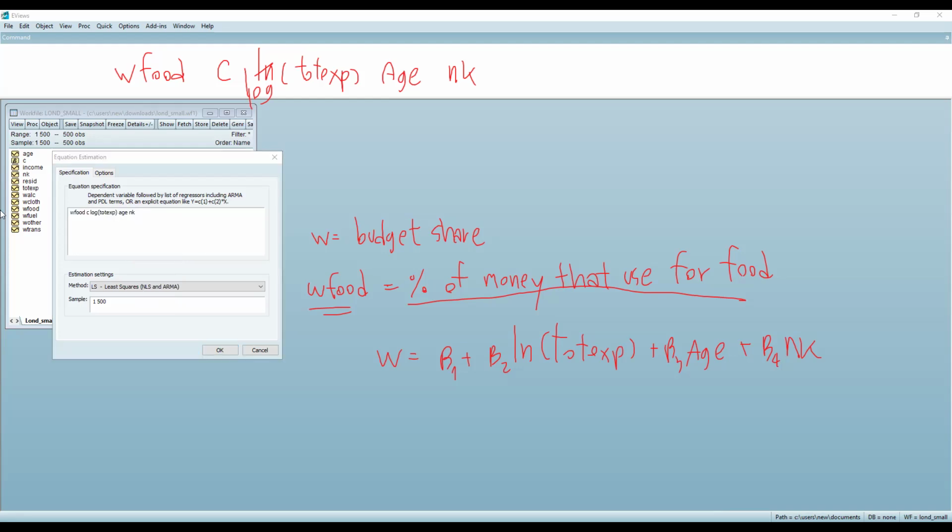Okay, this is okay for you. Okay, better. Hope it's better, huh? But you have to write down the bill food depends on constant, log total expenditure, age, number of children.